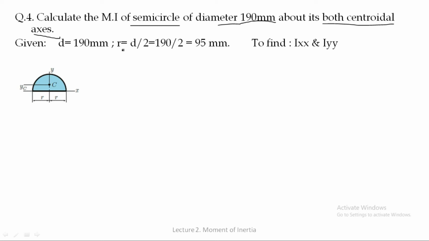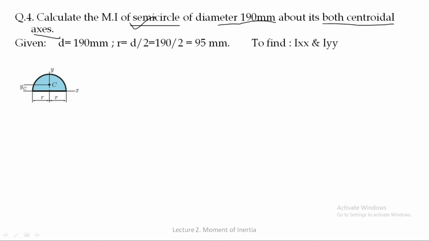Now in the given data only, I have found out the value of R. R is the radius of the semicircle. Remember, in the last 2 examples of circles, the first of a solid circle and the second of a hollow circle, we did not find the value of R. But in this particular example, we are finding the value of R, because it is essential when the question comes on a semicircle or quarter circle.